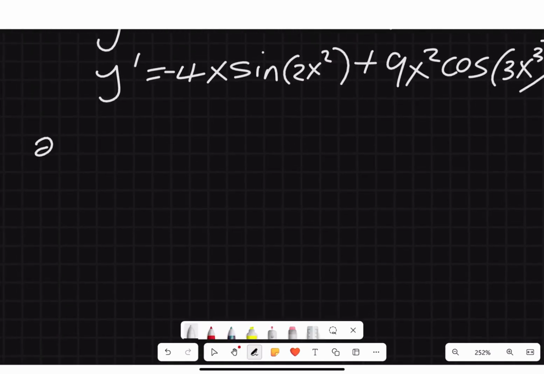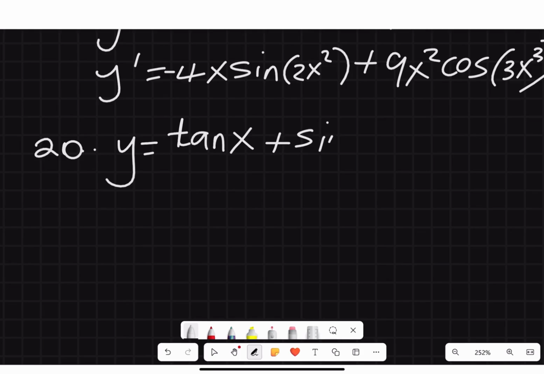Number 20, we're going to have y equals tan x plus sin x plus cos x squared.